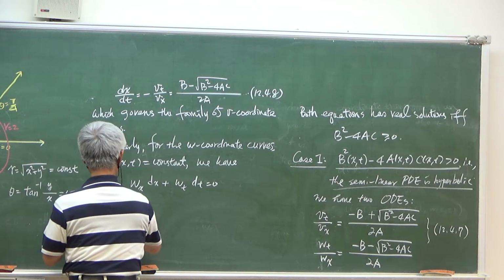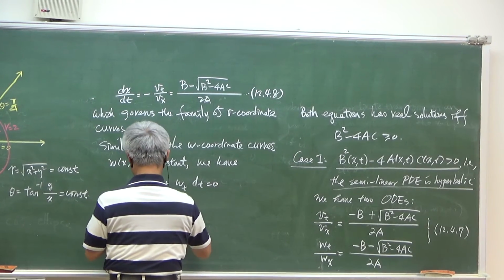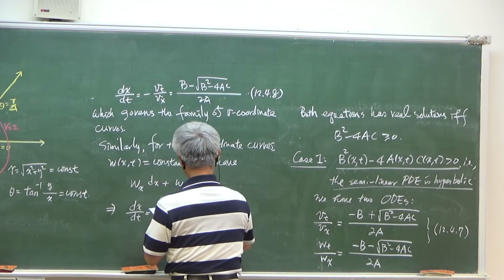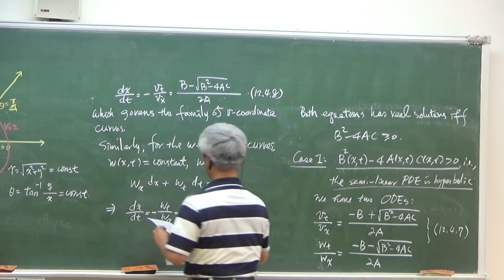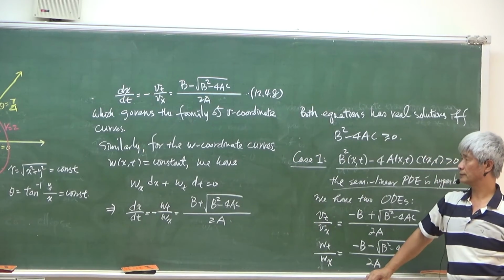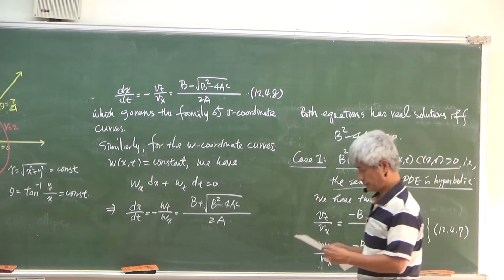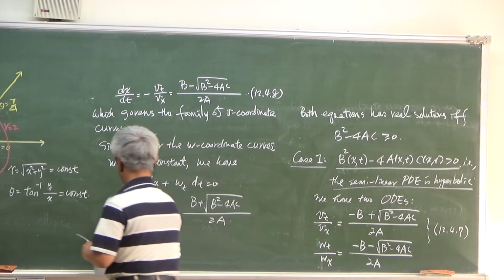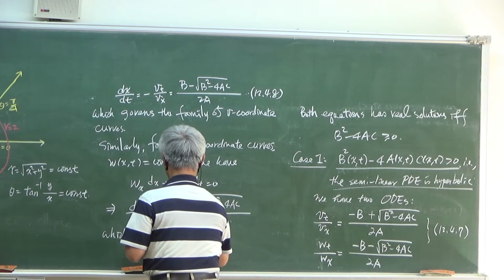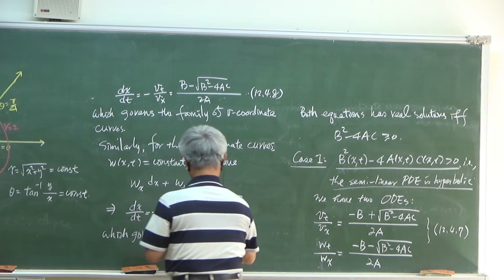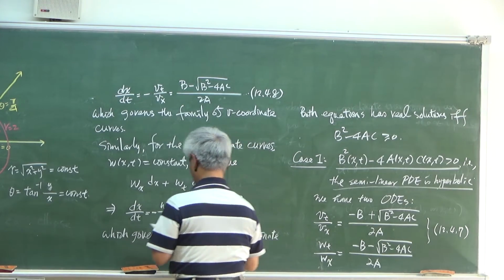This implies that dx/dt is equal to minus Wt over Wx, which becomes (b plus the square root of b squared minus 4ac) divided by 2a, which governs the family of W coordinate curves.